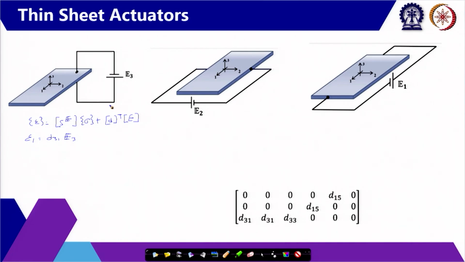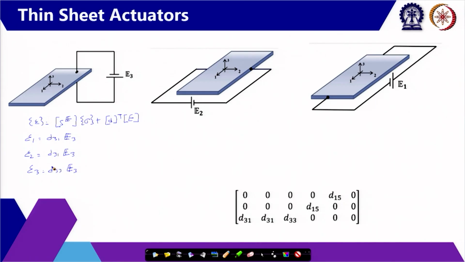Because of this voltage applied E3, it will induce a strain along direction 1. Similarly, along direction 2 it will induce another strain, and along direction 3 it will induce another strain, that is d33 into E3.